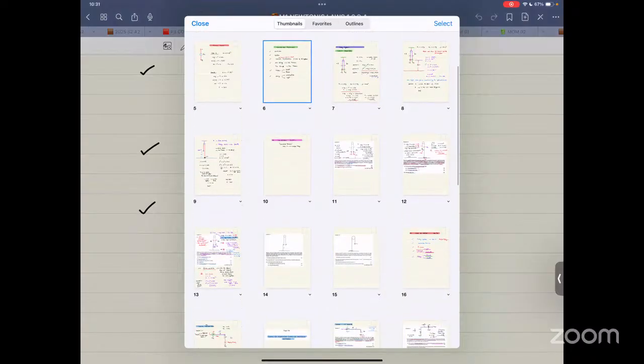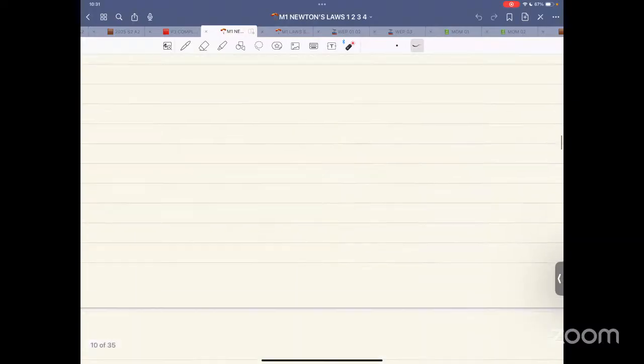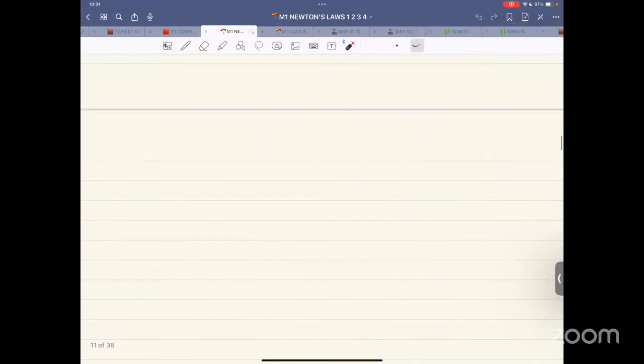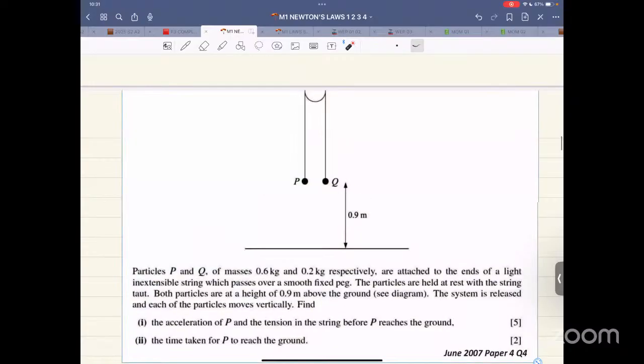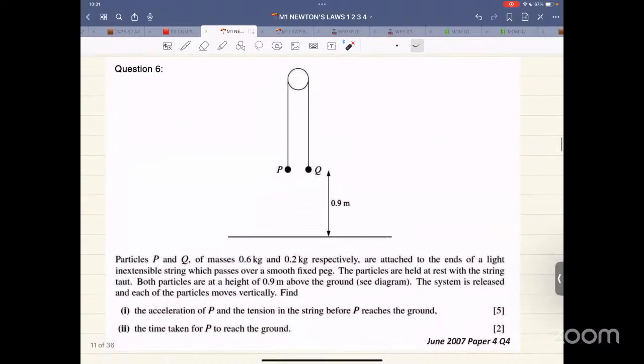Now let me first explain a few questions from here. It says particles P and Q have masses of 0.6 and 0.2 kg respectively, attached to the ends of a light, inextensible string that passes over a smooth fixed pulley.